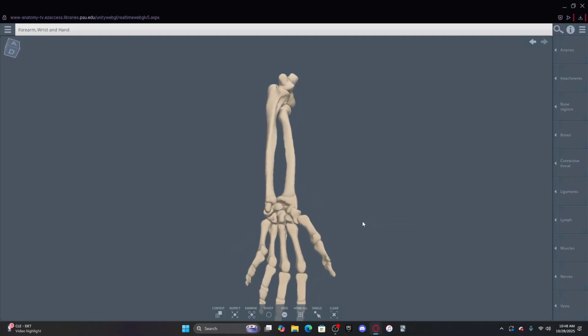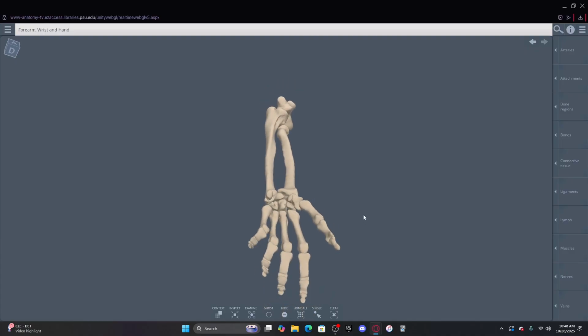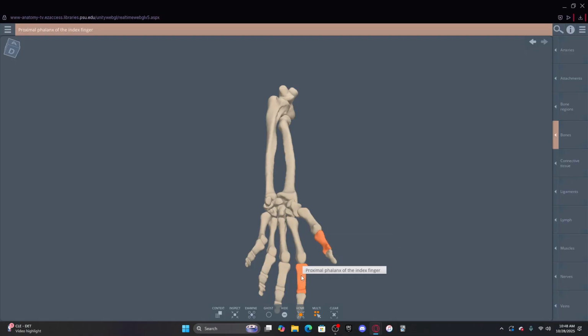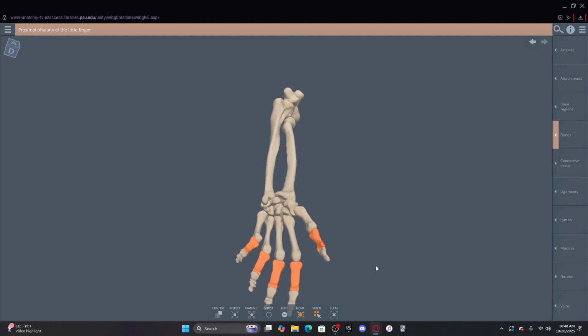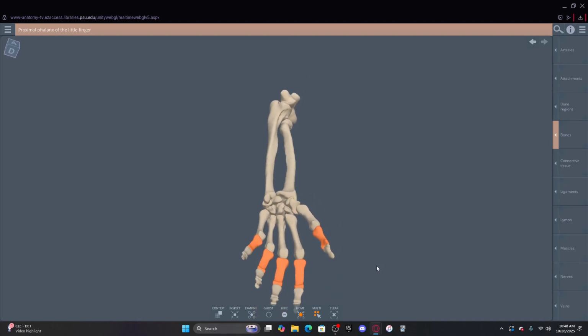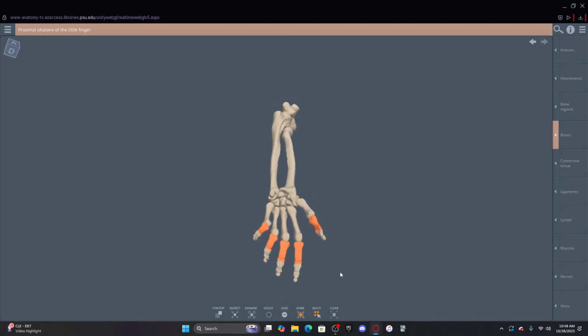So if we're looking at our phalanges, our proximal phalanges, we have one, two, three, four, five, right? So there's proximal phalanges in digits 1 through 5, right? And there's only intermediate phalanges in digits 2 through 5, right?